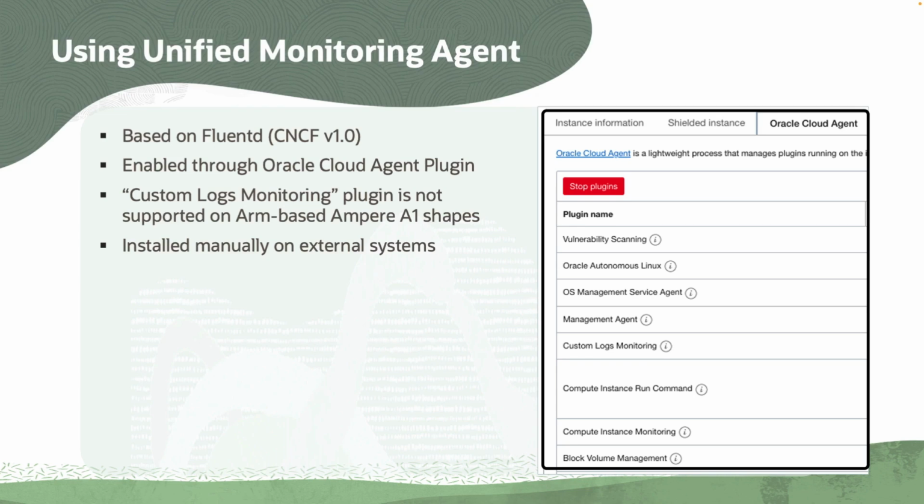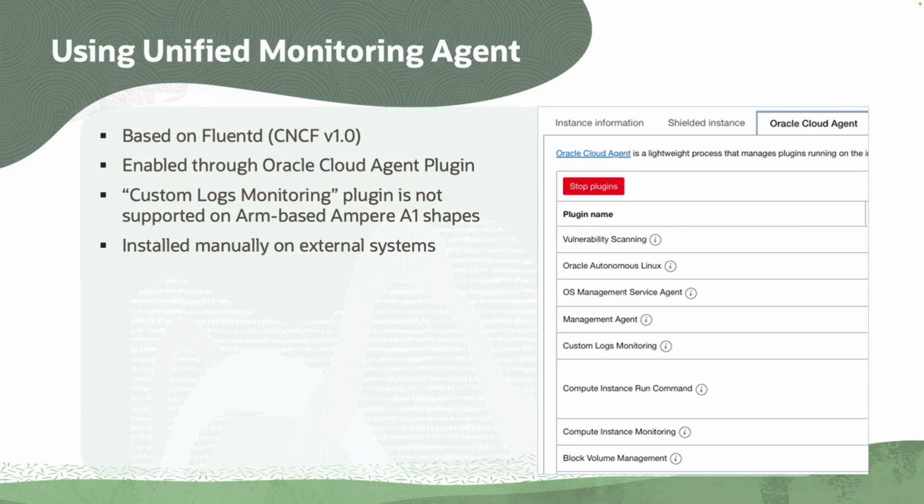The Oracle Cloud Agent UI is where you can manage all the software plugins for the instance. Within this plugin UI, the agent is called Custom Logs Monitoring Plugin. Now, the plugin support would also depend on the compute shape that is being used. For any instances using ARM-based Ampere A1 compute shapes, the Custom Logs Monitoring plugin is not supported.